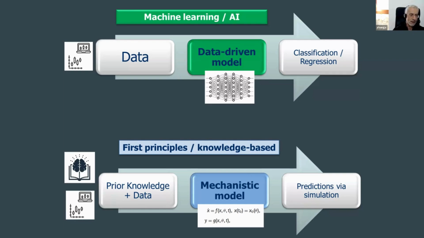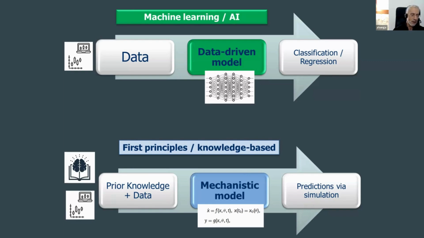But then there is a second approach, roughly speaking again, that is more based on first principles or previous knowledge. Sometimes it's called knowledge-based approach, or prior knowledge approach. And here, not only do we depart from data, but we also depart from prior knowledge that we have about the biological system under study.